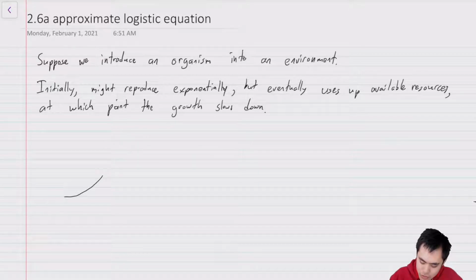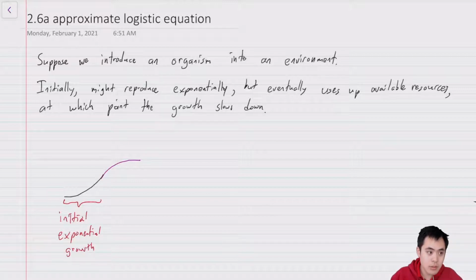So maybe initially you have an exponential curve, and then at some point it slows down.